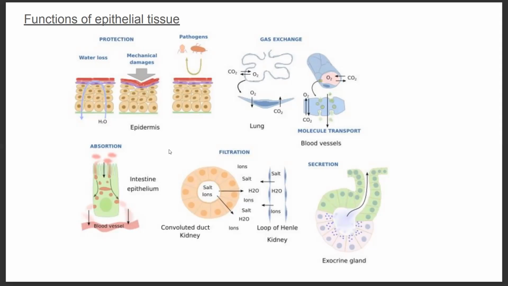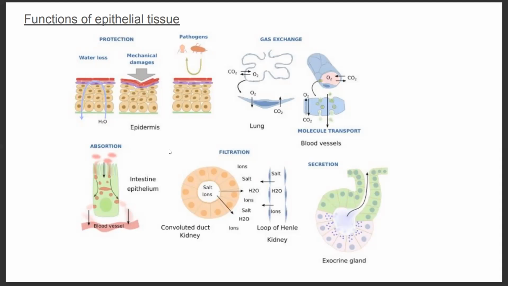And the next thing, this epithelial tissue also lines blood capillaries and alveoli. So in those places, they do an absorptive function, right? In the alveoli or in the blood vessels, they absorb nutrients.